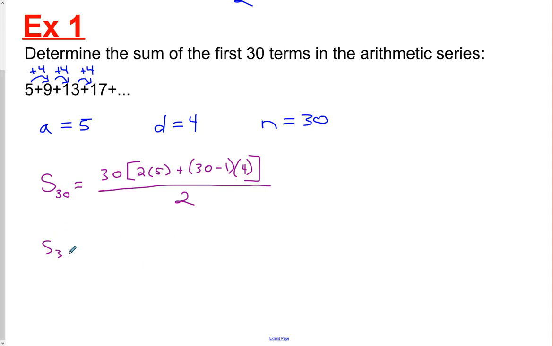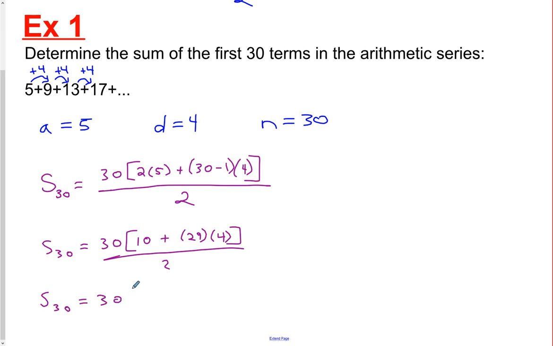So we've got the sum of the 30 terms. We've got to deal with what's in the brackets first, right? So let's do that. 2 times 5 is 10. 30 minus 1 is 29. Next step.